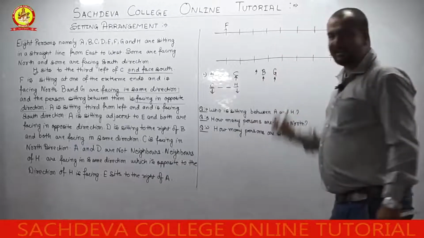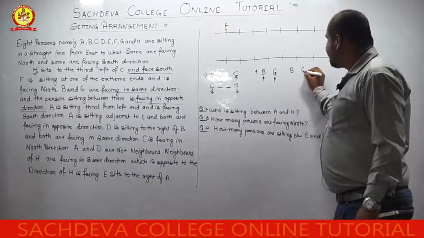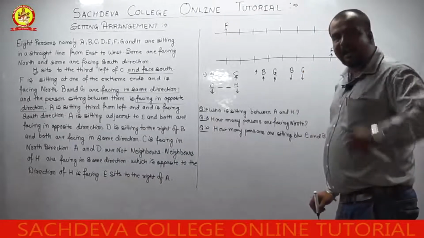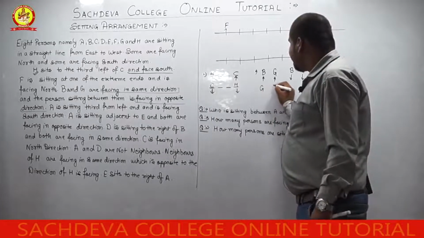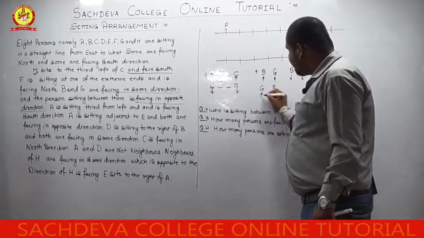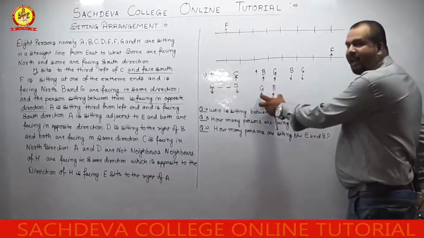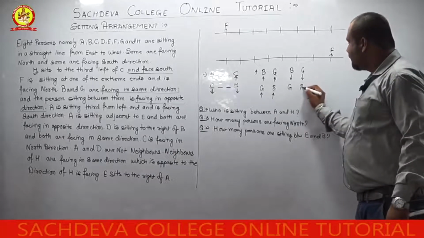So B and G can face north. Again, B and G can face south. Again another possibility is that we can have BG, then again GB. So again we have BG, then we can have GB.